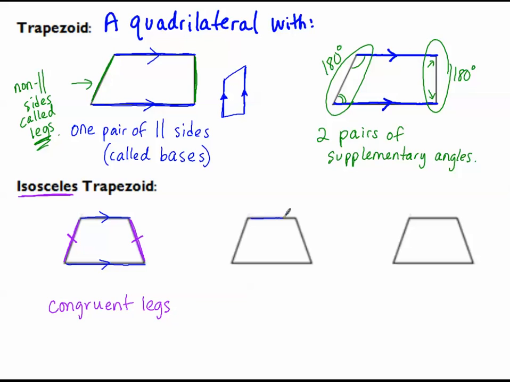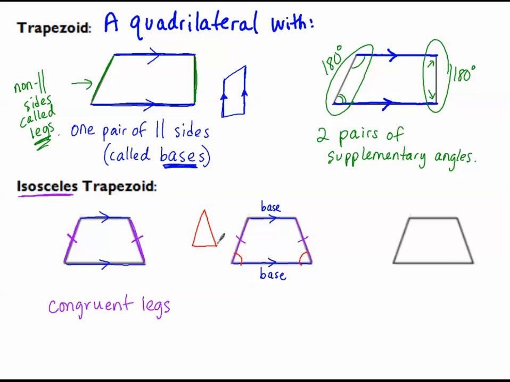Now, just like a triangle, and I'm going to start off by showing the parallel sides in this trapezoid, just like a triangle, if there are congruent legs, there are also congruent angles. Remember how we called this a base and this a base, because the bases are the ones that are parallel? Well, there's also base angles. The 2 angles that touch the base will be congruent, just like in the isosceles triangle, right?